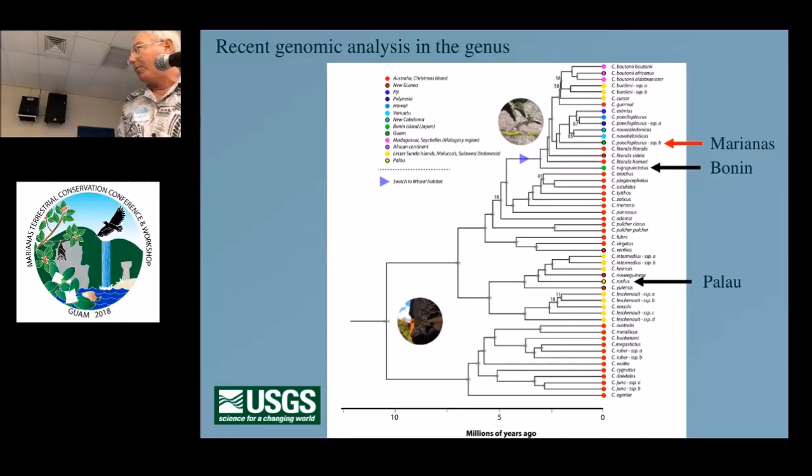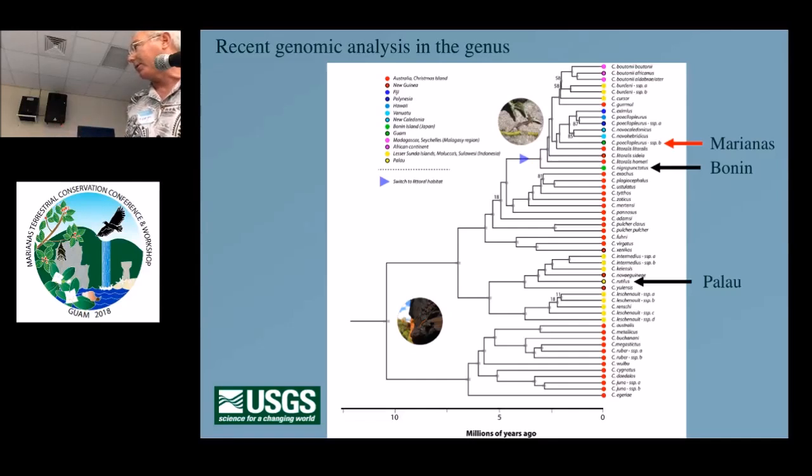Within our recent genomic analysis, we've looked at a good series of the species across the genus Cryptoblepharus. We saw from John how these trees are made. This is millions of years here, and what we find for the western part of the Pacific Basin is that we've got Palau, the Japan Bonin, and then the Marianas, and that's where those three fall on this tree.